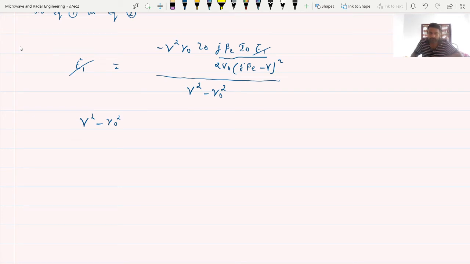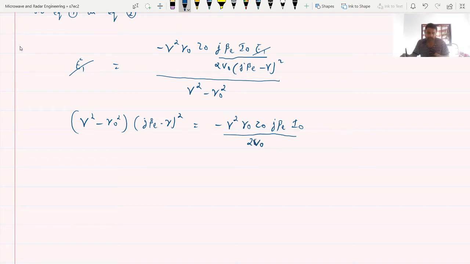I will bring this term, (j beta e minus gamma) the whole square, so that it is equal to minus gamma square gamma naught Z naught j beta e I naught divided by 2 into V naught.